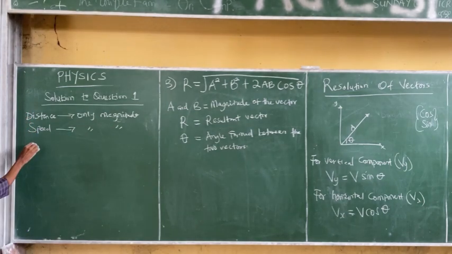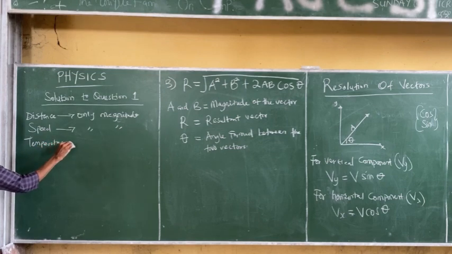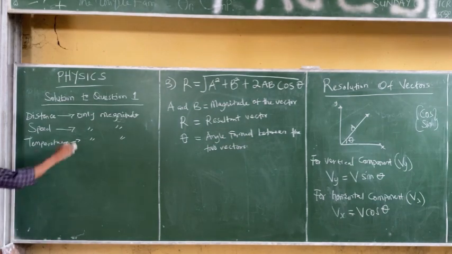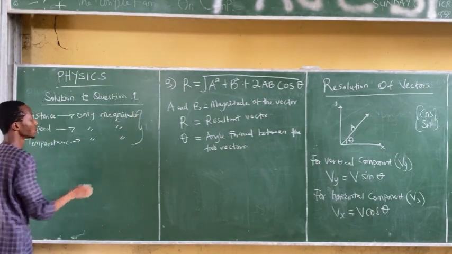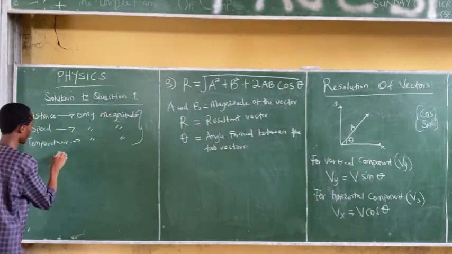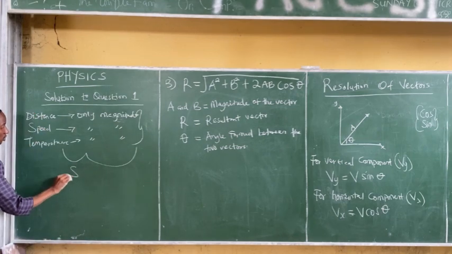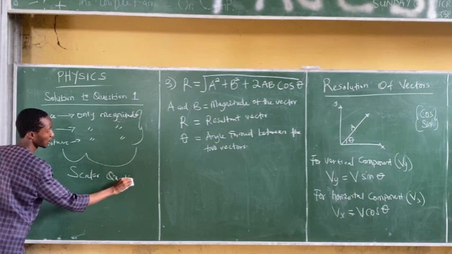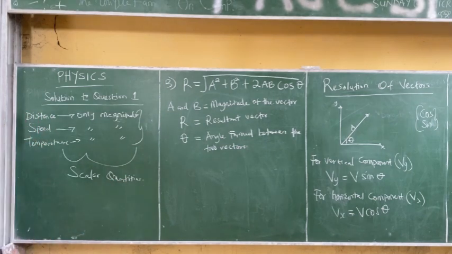And temperature also has only magnitude, thereby making these three quantities scalar quantities. So the correct option there is velocity, because it has both magnitude and direction. It has both value and direction.